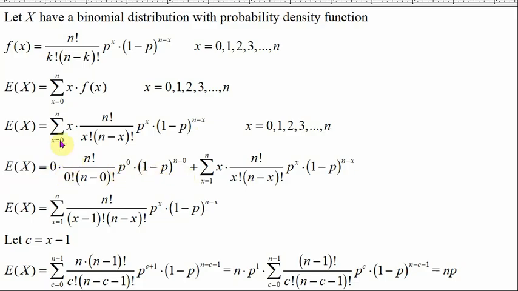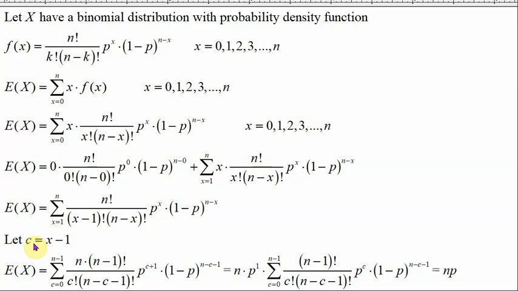So when x is 0, then we get 0 times n choose 0, p to the 0, and then n minus 0. And then plus the sum with x starting at 1. We can see that the first term is 0. So the expected value of the random variable x is going to be this sum with x starting at 1.